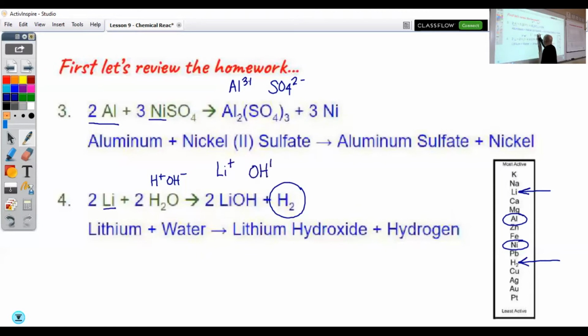Hydroxide has a 1- charge. That's the polyatomic ion. Remember, you can always look back at your common ion sheet. If we pair these two up, we get 1 lithium, 1 hydroxide, and then finally balancing the equation, we need to add in coefficients of 2 in front of the lithium, water, and lithium hydroxide.